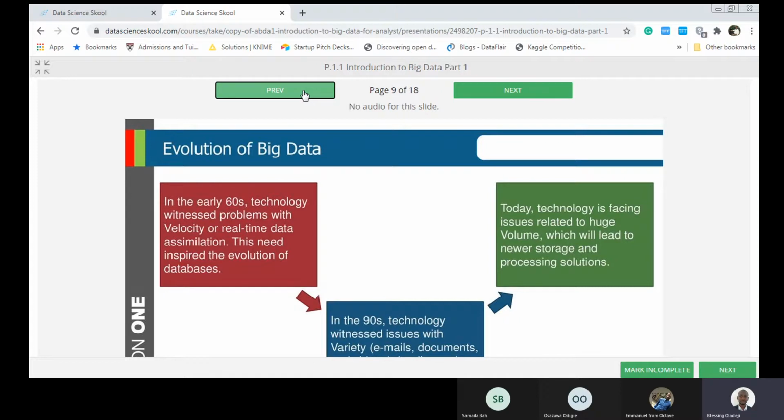If I'm generating a transaction online, I need a platform that will be able to handle it. So from there, they developed the concept of database systems, which come in the form of file, hierarchical, or relational databases. But that was due to velocity. The rate at which the data was changing was very fast, so they needed a system that can capture that kind of change.